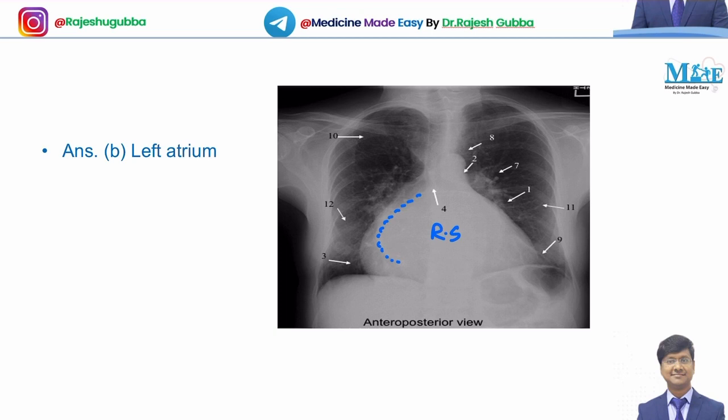So the left atrial shadow is not observed normally, right? Whereas in mitral stenosis, you have the left atrial shadow and the other one is the right atrial shadow, and this is what is called the double density sign, right? Normally what you observe is only the right atrial shadow. Next question.